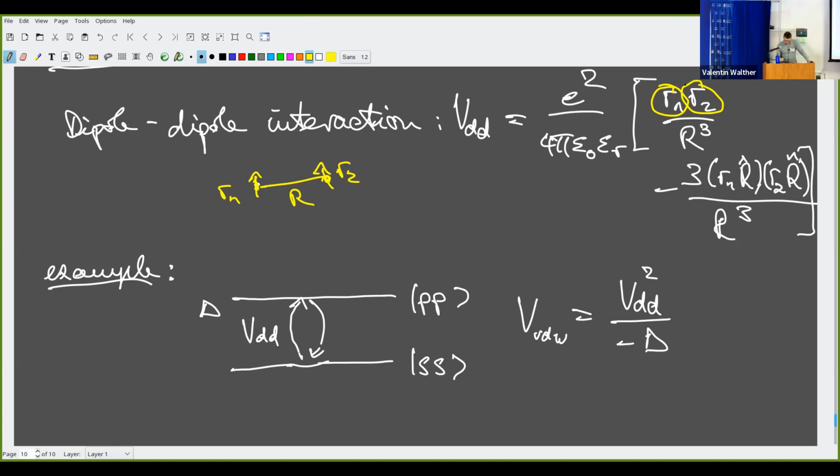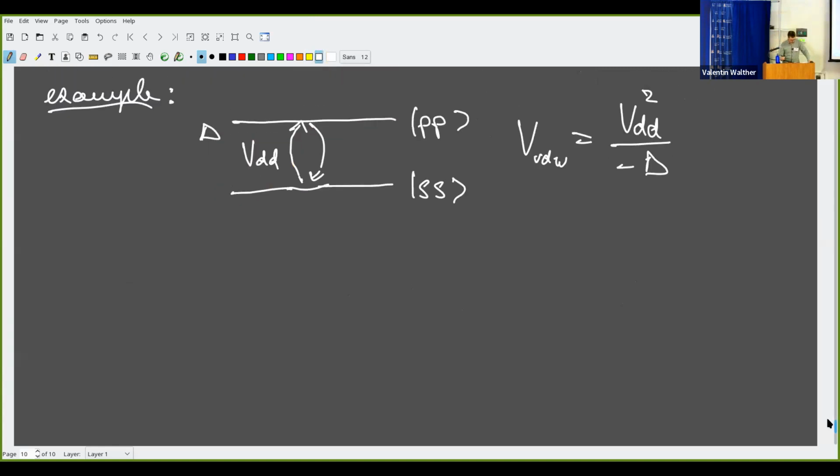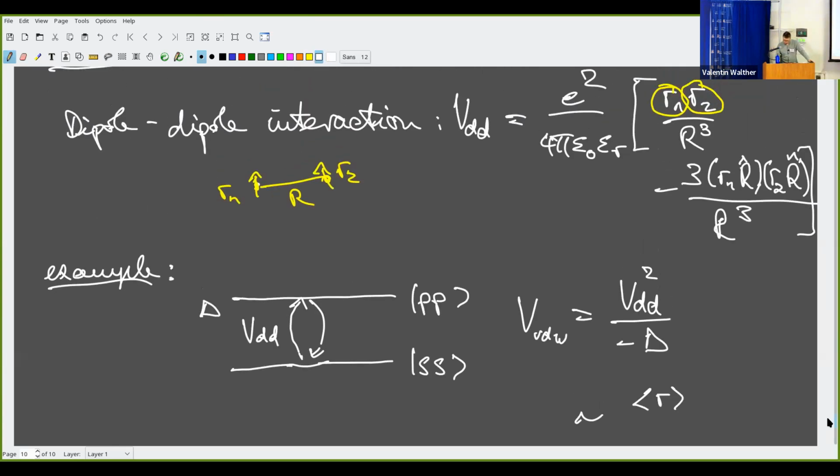And so the scaling here, just to understand where all of this comes from, is roughly the expectation value of the radius, basically, right? This is what we do here. The expectation value of the radius. But then because there are two particles, it's actually the expectation value of the radius squared.